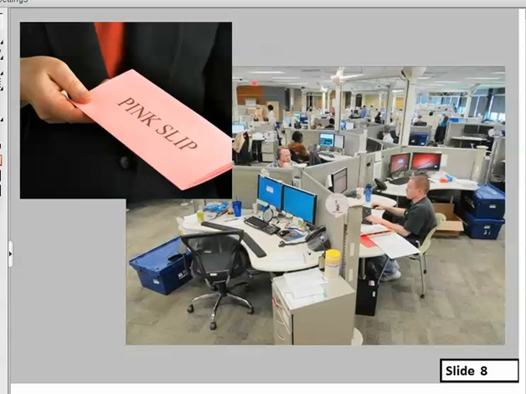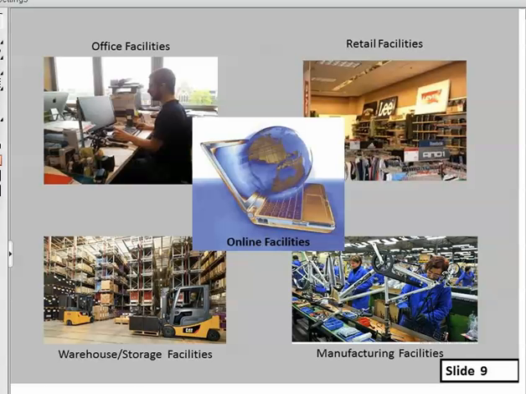Okay, moving on. We also talked about how to manage all the other aspects beyond employees. We have facilities. That's basically what this slide talks about. All the different kinds of facilities a company might have, depending on the nature of that company's business. We look at the warehouse and manufacturing facilities.